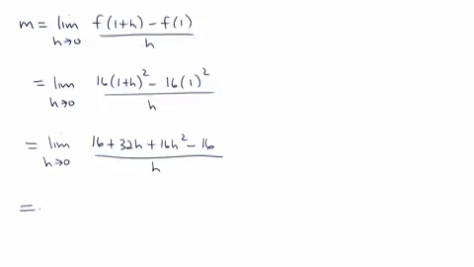And now you can see in the numerator 16 and minus 16 gives us 0. So we have the limit as h goes to 0 of 32h plus 16h squared all over h. We'll now factor a factor of h out of the numerator, which will divide out the factor of h in the denominator.